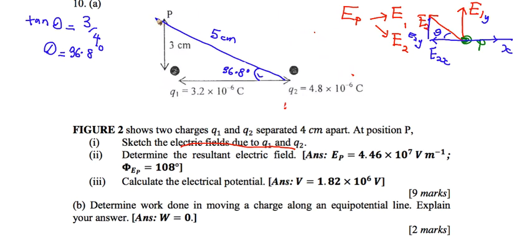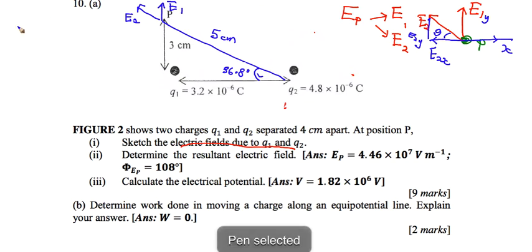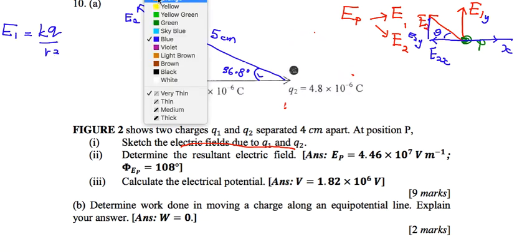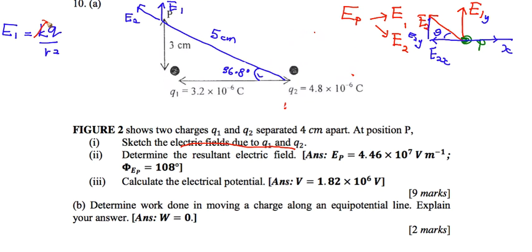And next, you can find the values of E1 and E2. What is the value of E1? To calculate the value of E1, you can use the electric field equation, kQ over r squared, and the value of k is a constant, 9 exponent 9.